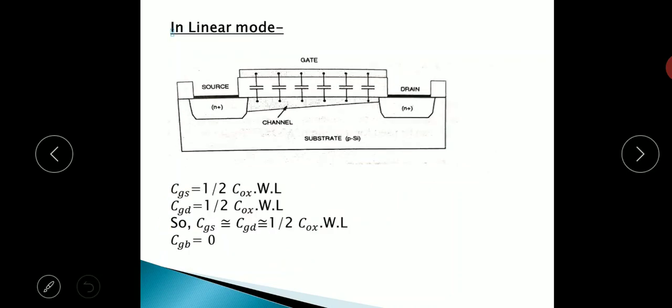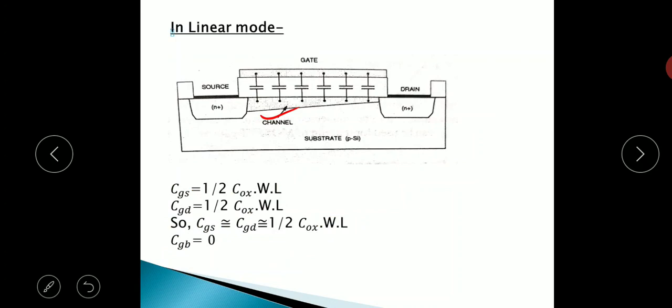Next, linear mode. In this mode there is a channel present between source and drain. This inversion layer on the surface covers the substrate and there is no connection between substrate and gate.